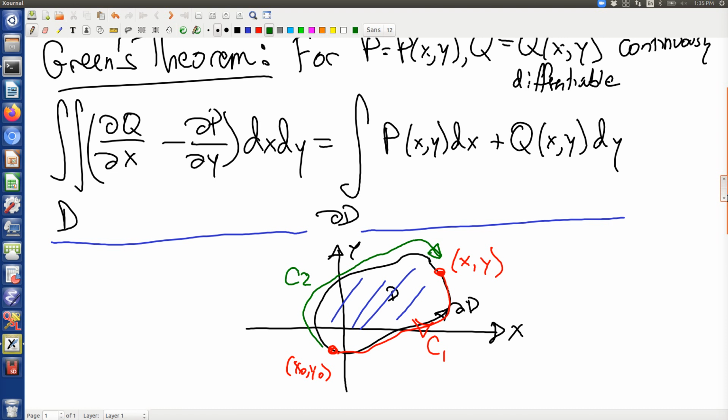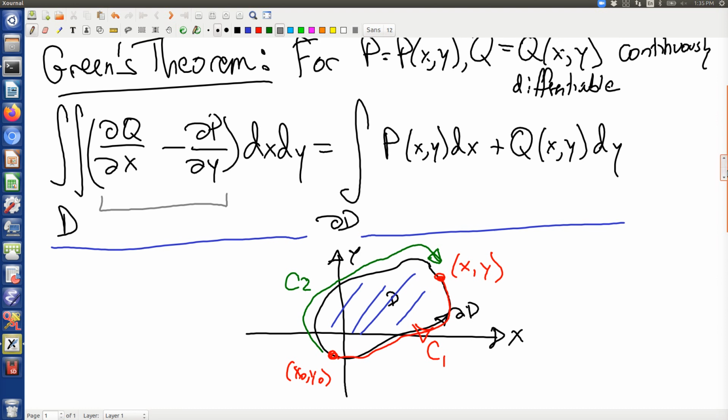If in fact I happen to know something about p and q, in particular, if I happen to know that the integrand of the area integral is 0, then it means that these two path integrals, those on C1 and C2, are equal. Let's derive that.